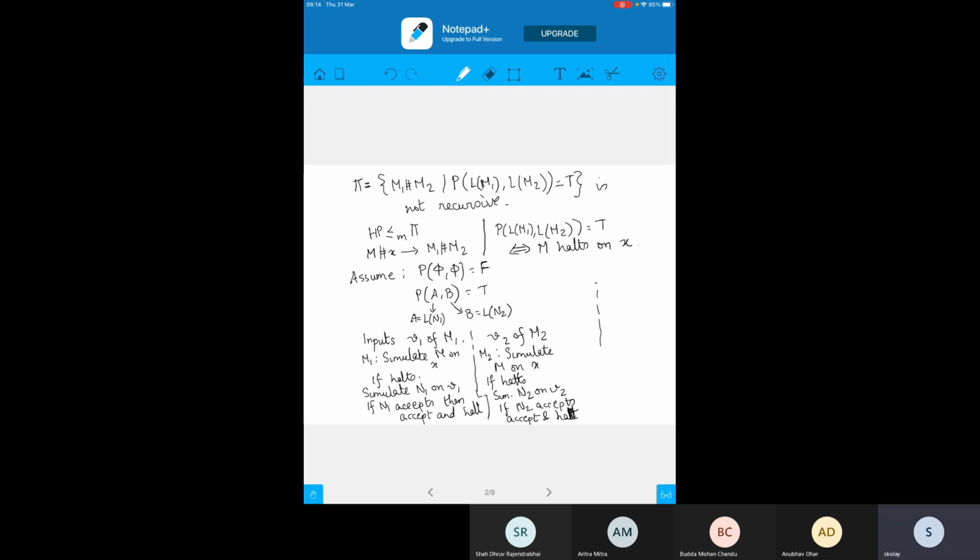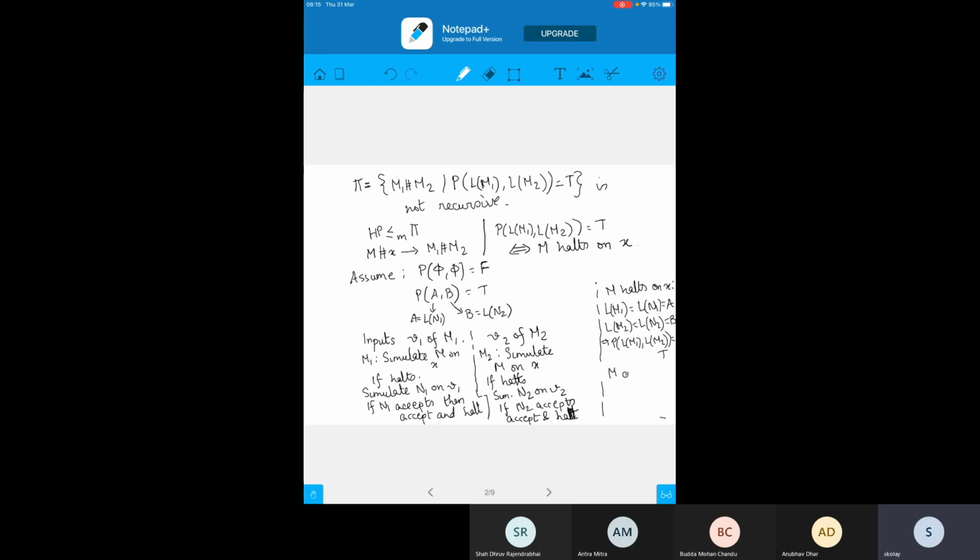So now what's the conclusion? If M halts on X, then L of M1 is equal to L of N1, equal to A, and this means that the property of L of M1, L of M2 is equal to true.